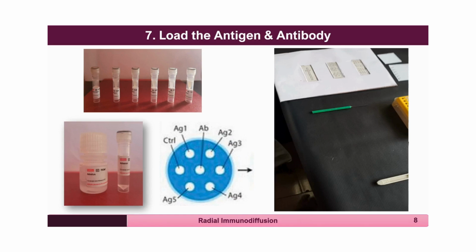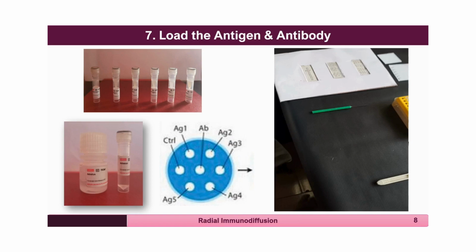If you have dedicated all the wells for the antigens, then if no precipitin band appeared, you may start wondering whether the reaction took place or not. Therefore, to avoid that ambiguity, one can load known concentration of antigen and corresponding antibody can be loaded in the central well, and that will definitely give the precipitin band.